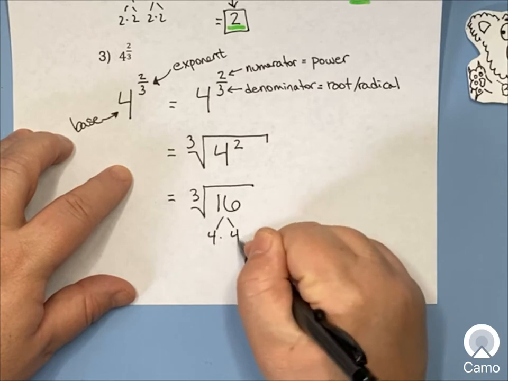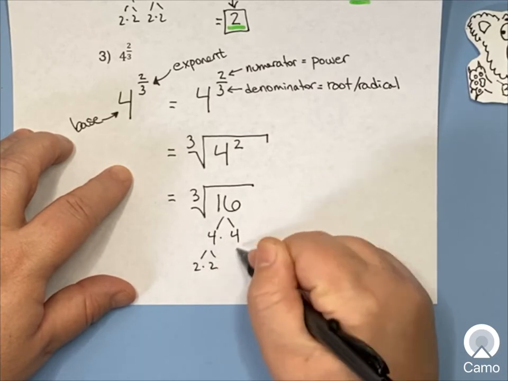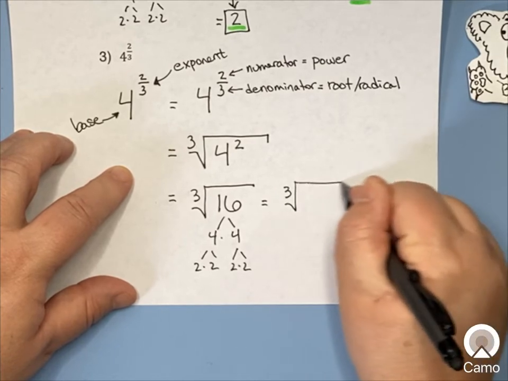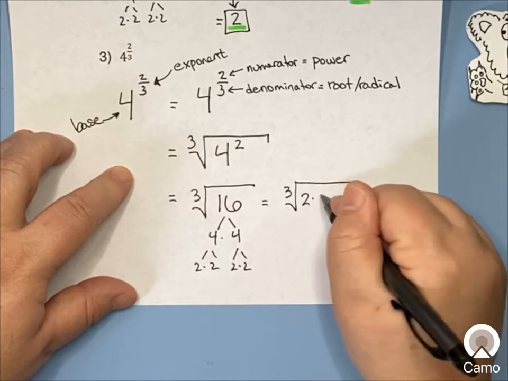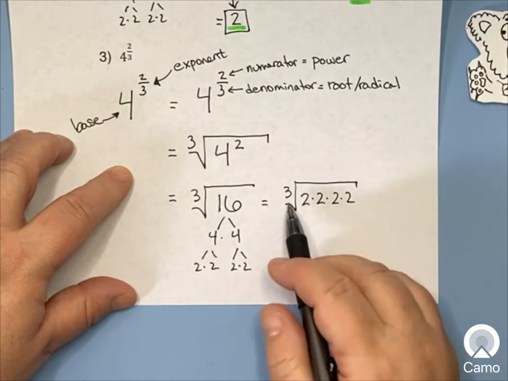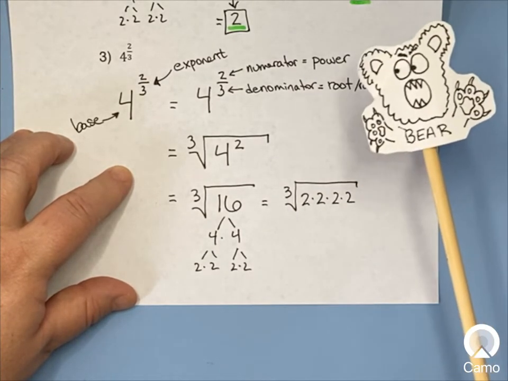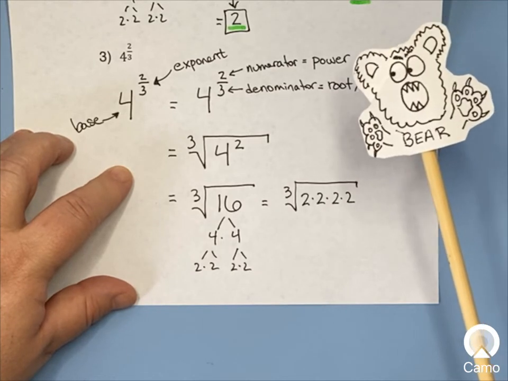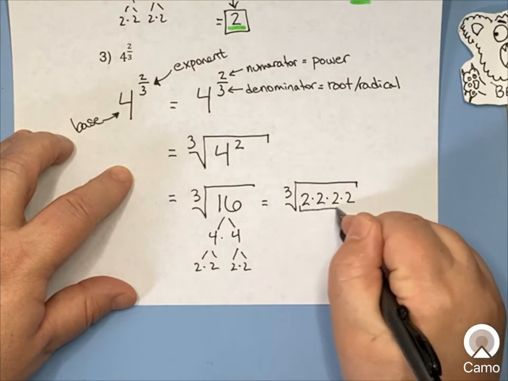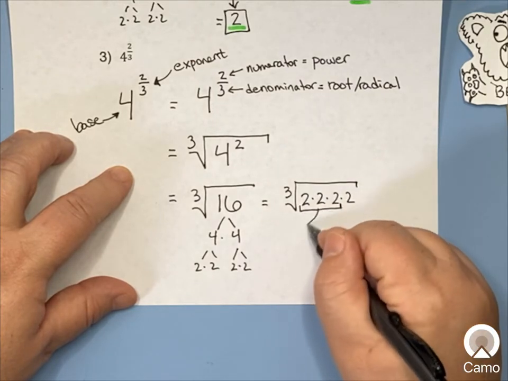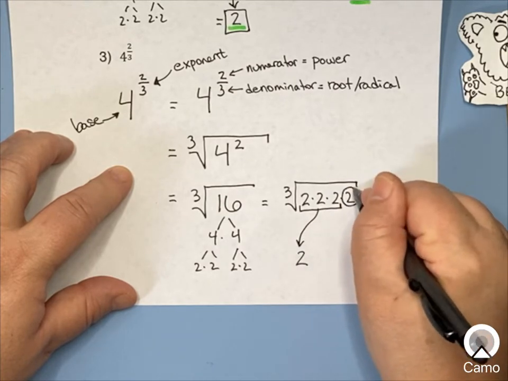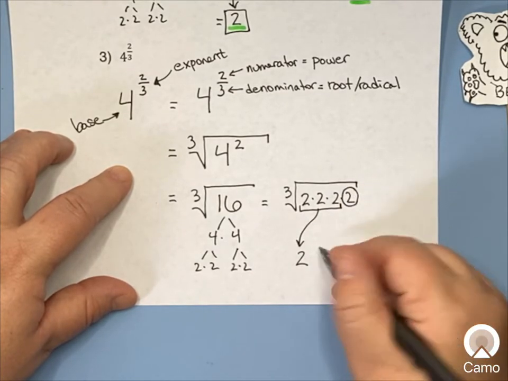But I'll just go ahead and quickly factor this and see that I've got the cube root of 2 times 2 times 2 times 2, 4 of them. Okay, so cube root means I've got a medium-sized large bear in the forest. So the cube root means 3 2s go running, and only 1 makes it out. And then this 2, which does not have any friends left, is going to wait in the cabin.